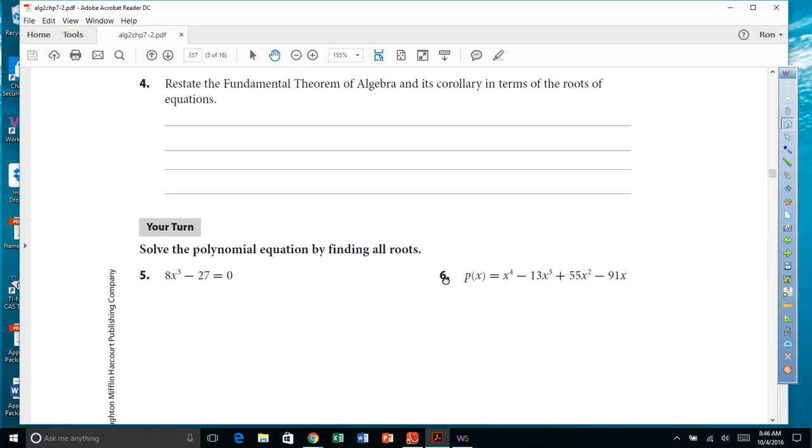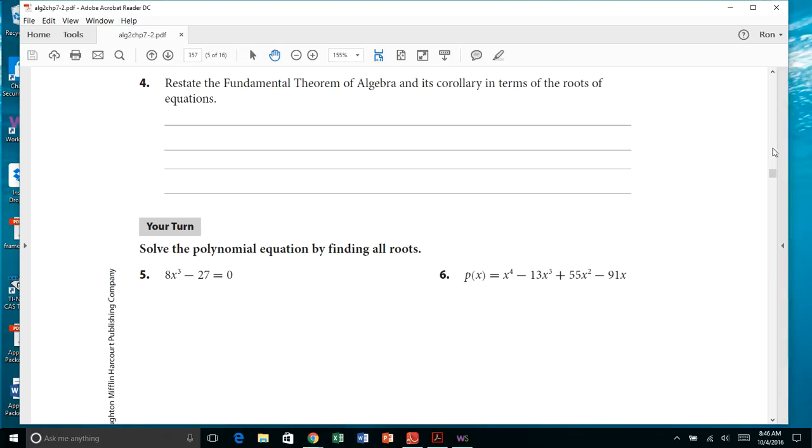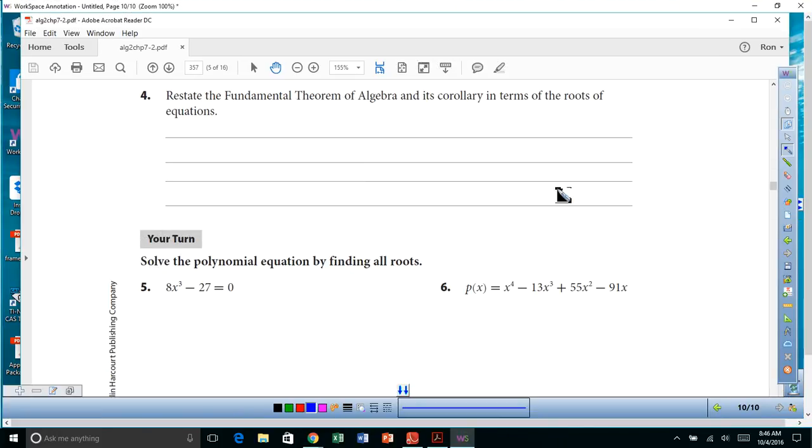Restate the fundamental theorem of algebra and its corollary in terms of the roots of equations.